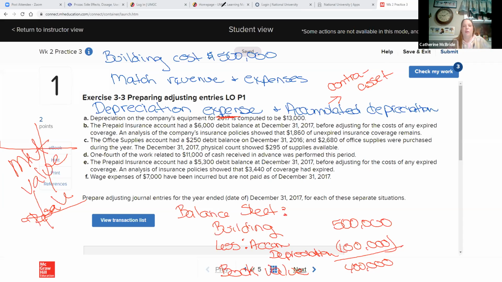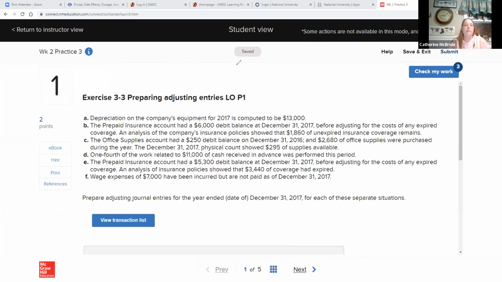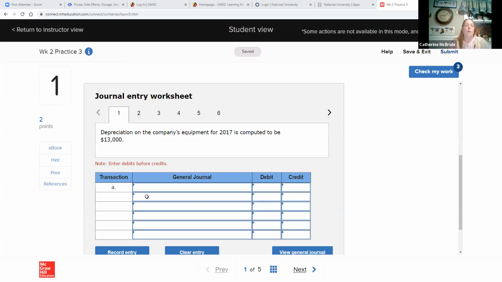All right, so let's look at the journal entry. So for this first one, we'll scroll down because we've already gone over the account. So for the first one, we have depreciation on the company's equipment for 2017 is computed to be $13,000. So you're going to ask yourself, the thought process of what two accounts are affected. And we just did those.